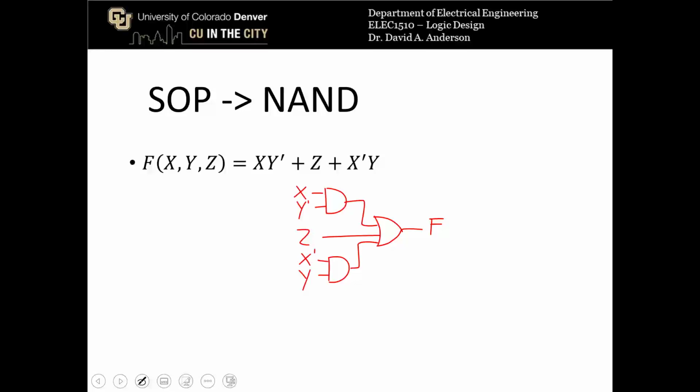Okay, so as I showed several slides ago, if you complement the inputs of an OR gate, that is equal to creating a NAND gate.